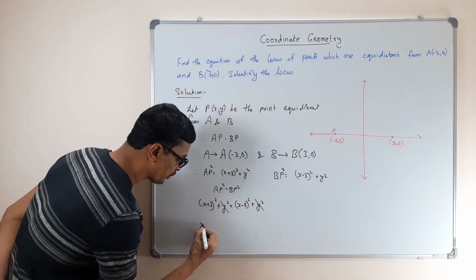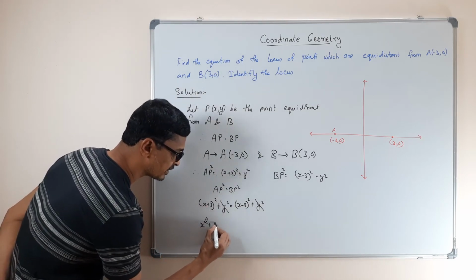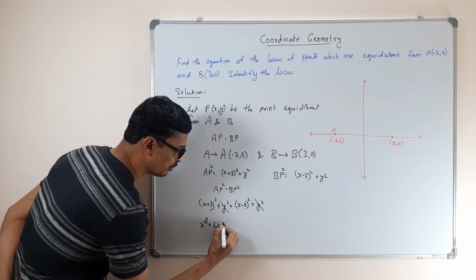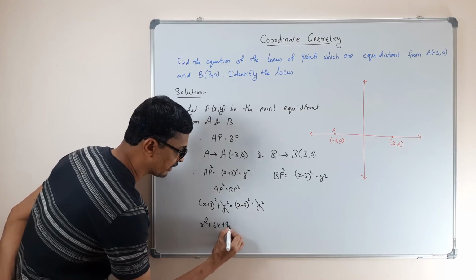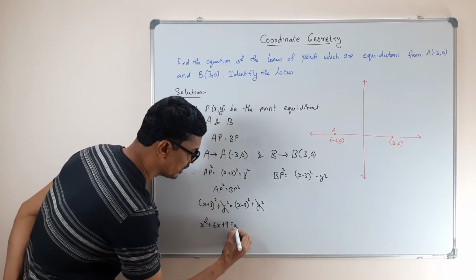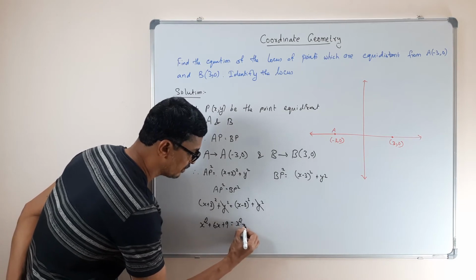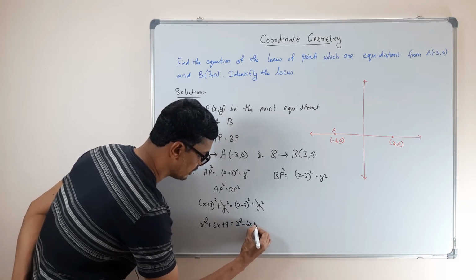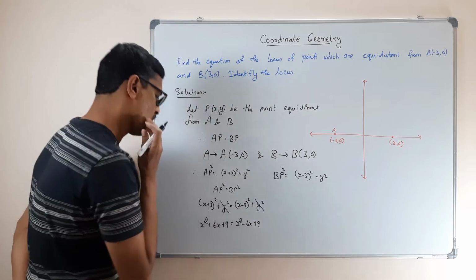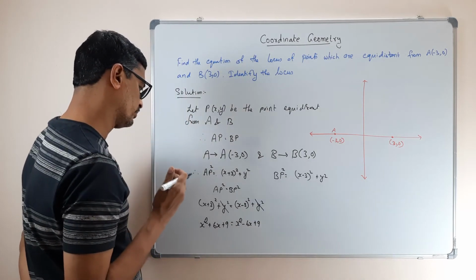The y squares both cancel. So x square plus 6x plus 9 is equal to x square minus 6x plus 9.